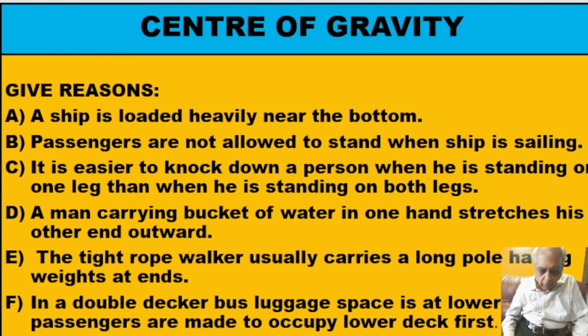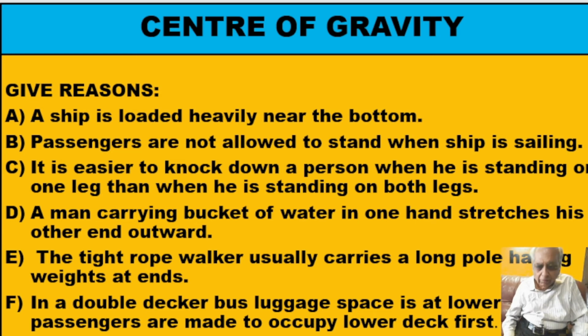So I explained to you that to have maximum stability, the center of gravity should be as low as possible and base should be as wide as possible. So let us try to see how we use these concepts in our day-to-day examples.